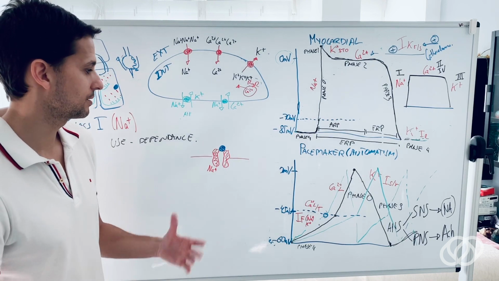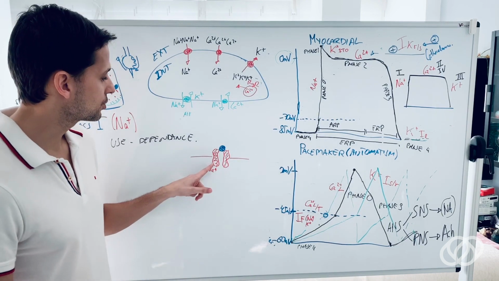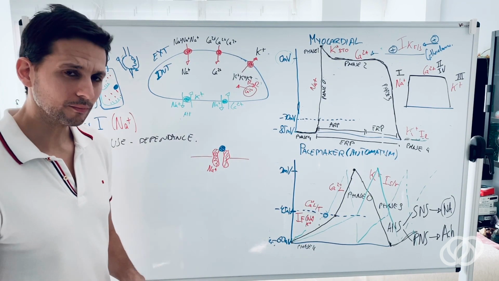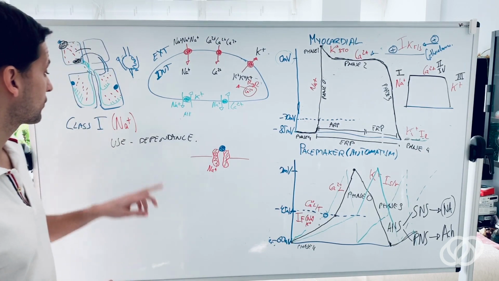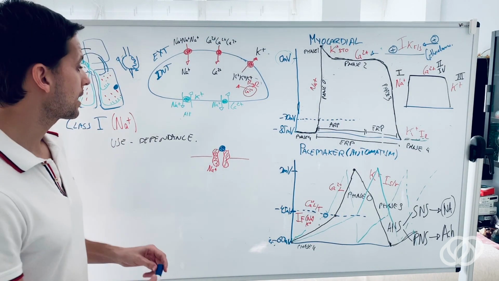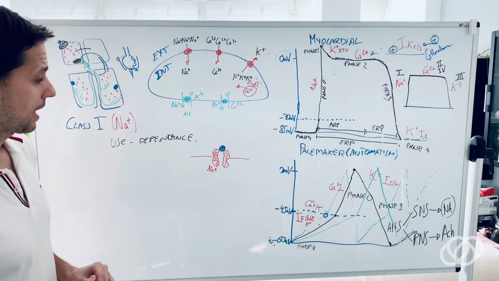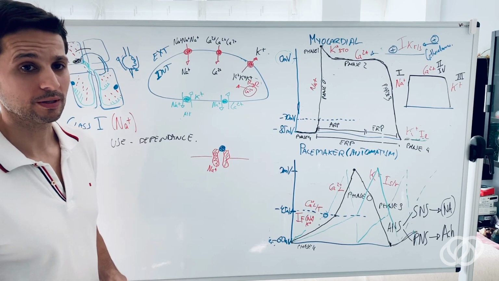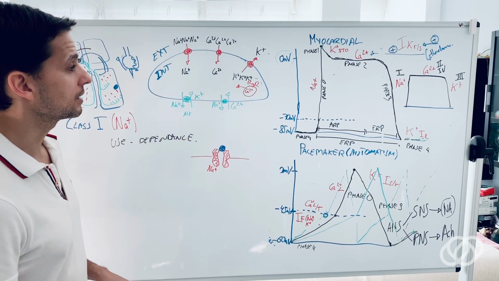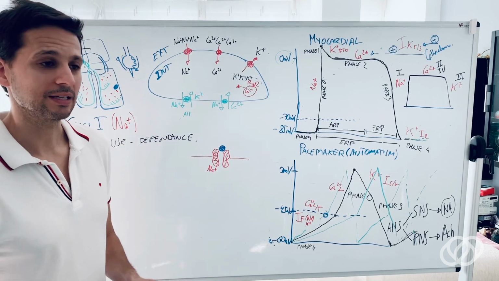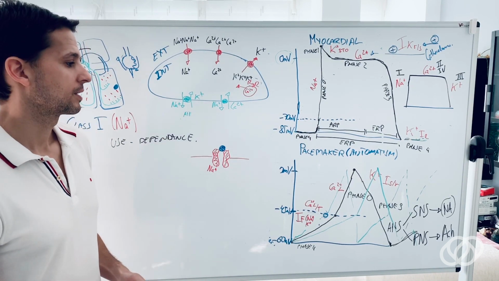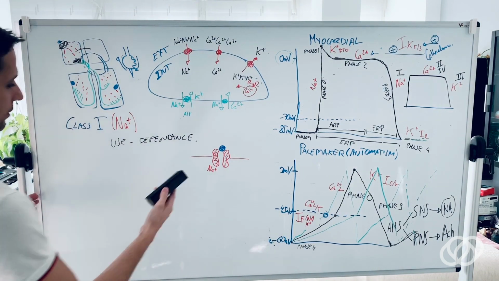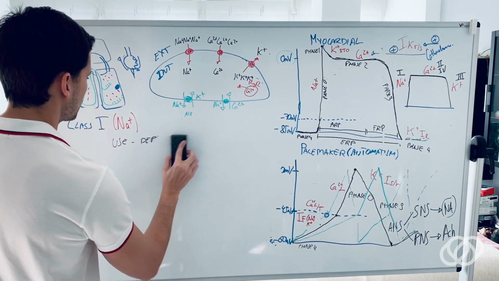The more we use the channel, the more effective the drug is. This is the term use dependence. Drugs that are very slow in their onset and offset have a high use dependence. If we give them for an arrhythmia that is firing at a very high pace, they will be more effective.